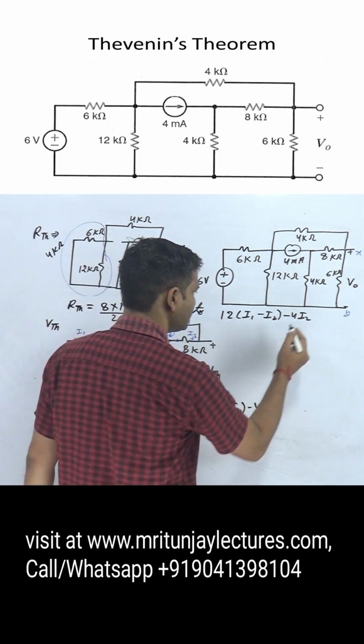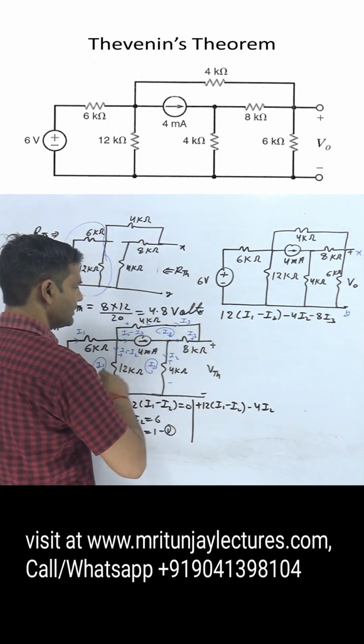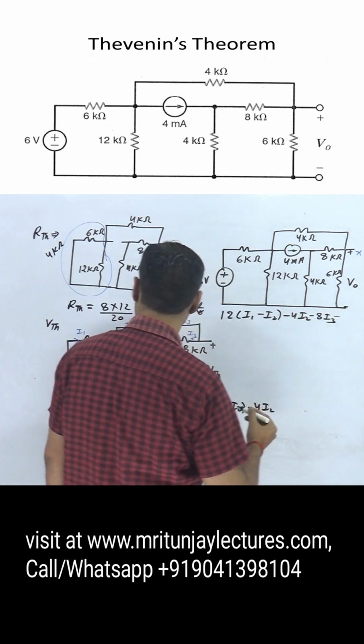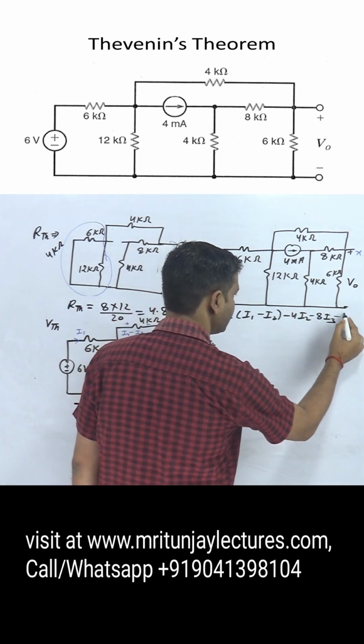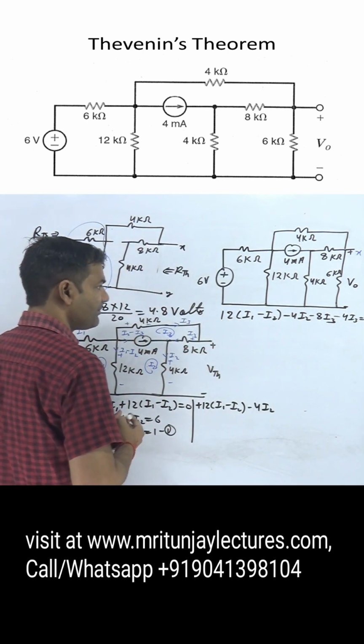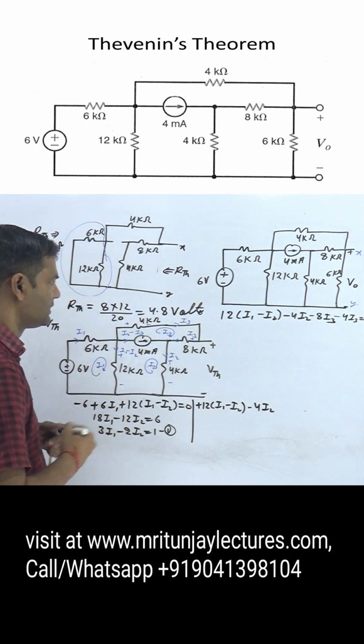Minus to plus, minus 8 I3, and here minus 4 I3, this will be equal to 0. Clear or not?